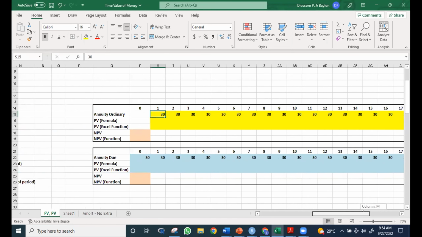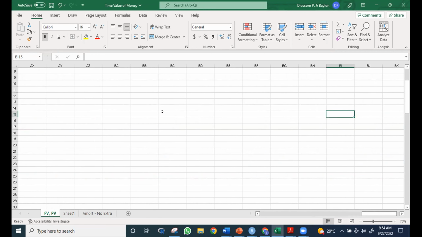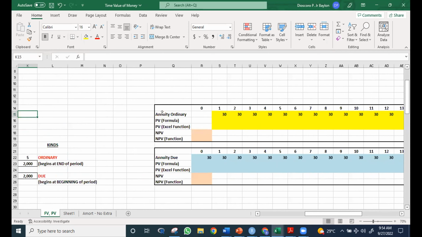But all of them have the same 30. So the question here is, how much is this stream of cash flows, this 30, 30, 30, worth today? All of them. What's the equivalent value today?